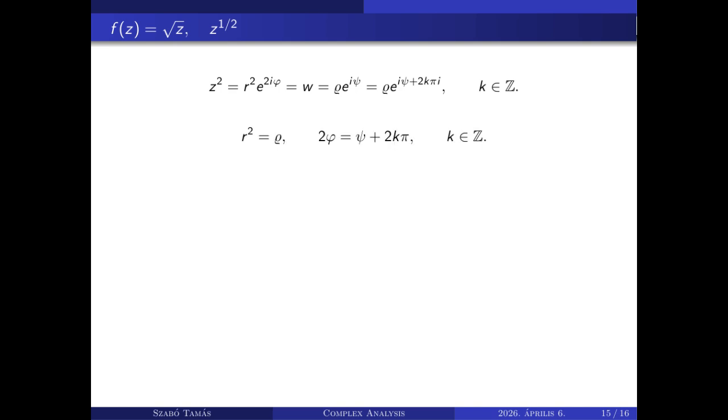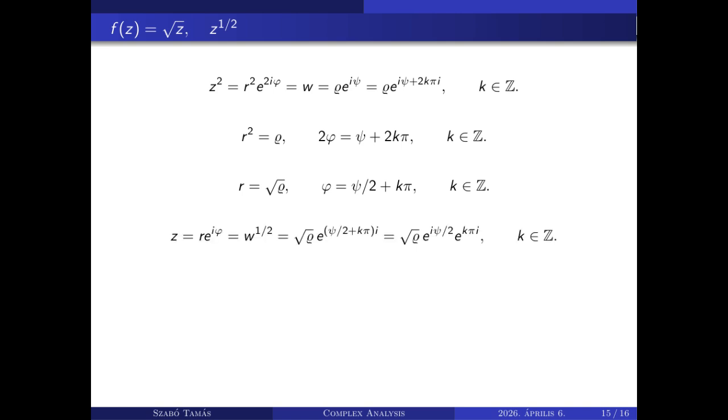Then we obtain r² = ρ and 2φ = ψ + 2kπ, where k is an integer. Therefore, r = √ρ and φ = ψ/2 + kπ, where k is an integer.